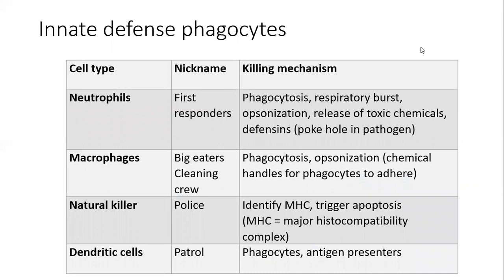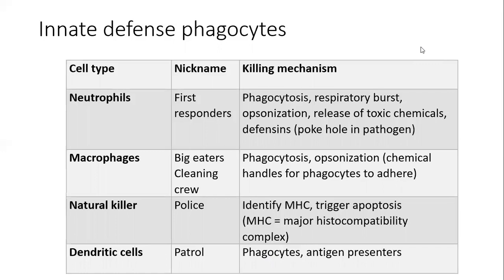So let's talk a little bit about the phagocytes. So there's different ones. You could consider neutrophils as the first responders in this process, and they're big phagocytes. They trigger a respiratory burst. They also opsonize pathogens. They release toxic chemicals like defensins, which then poke a hole in the pathogen.